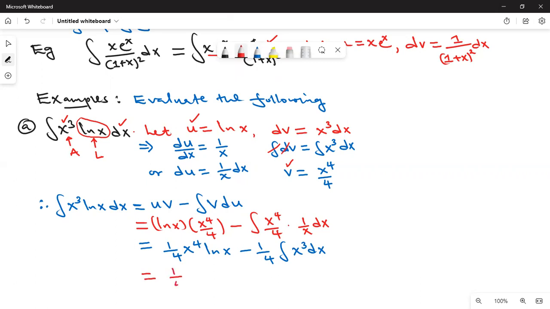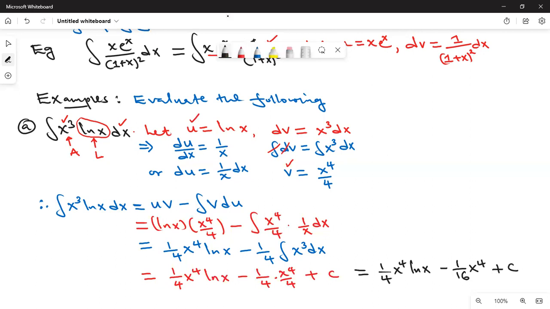And now you can integrate that using power rule, so that our final answer is now equal to 1 over 4 x raised to 4 ln x minus 1 over 4 x raised to 4 divided by 4 plus a constant c. And so this can be written as 1 over 4 x raised to 4 ln x minus 1 over 16 x raised to 4 plus a constant c of integration.